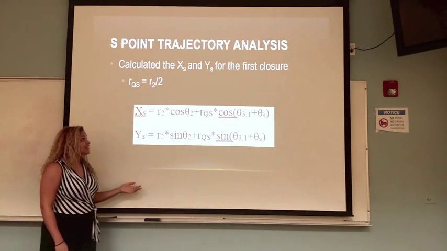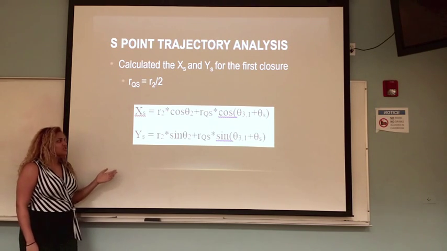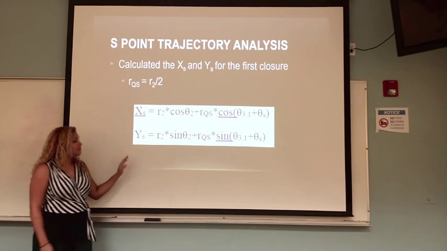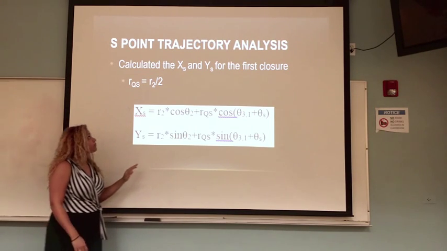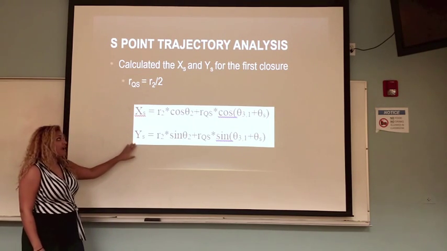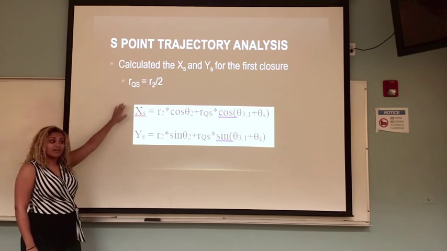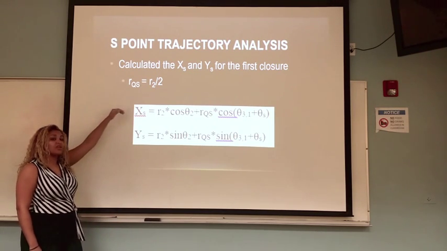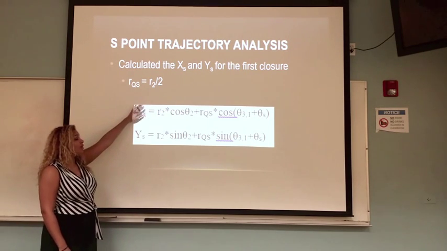Now for velocity, for the S-point trajectory analysis, we have used the following two equations to find our position for x. We have been given that the QS length is R2 over 2.